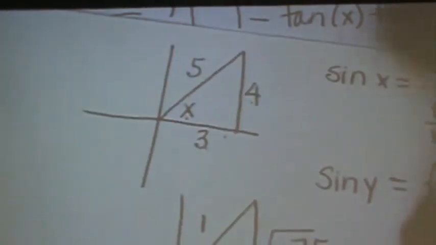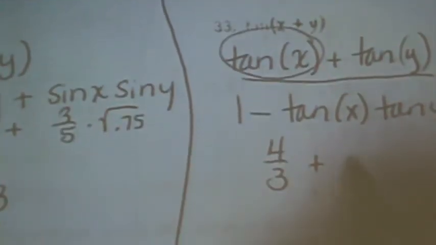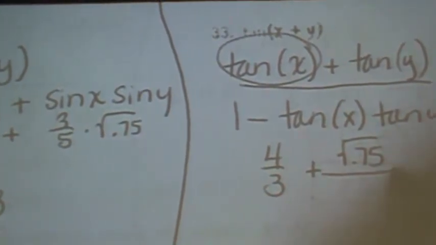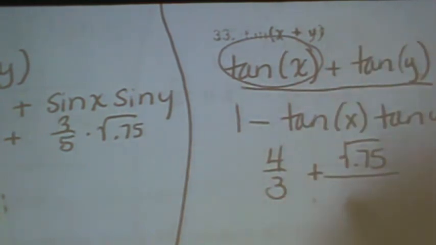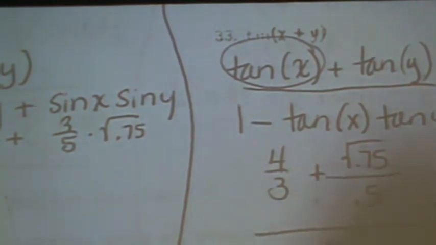Tangent of y, and these are going to be really awful looking fractions, based on our triangle would be root 0.75 over 0.5. Oops, I'm sorry, yes, this is y. All over 1 minus the product of these.